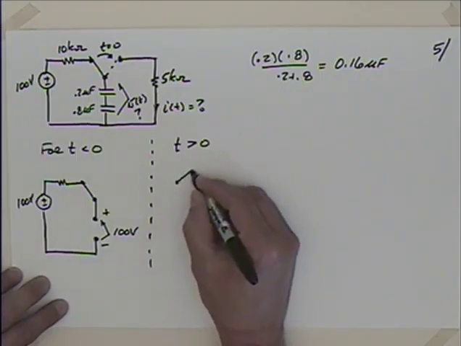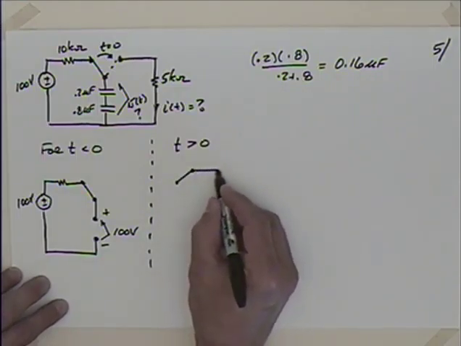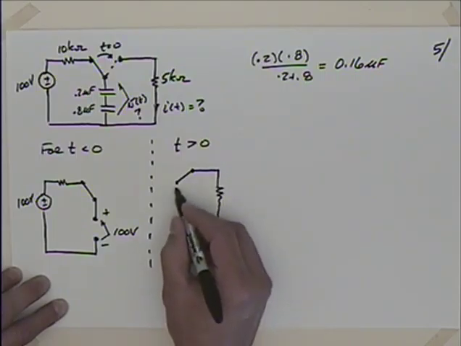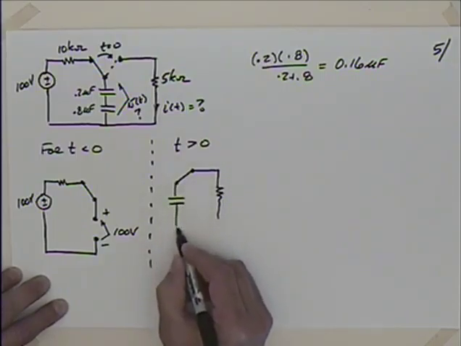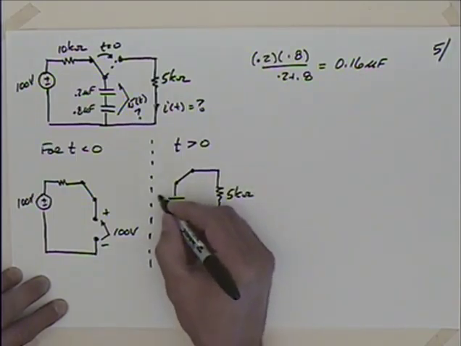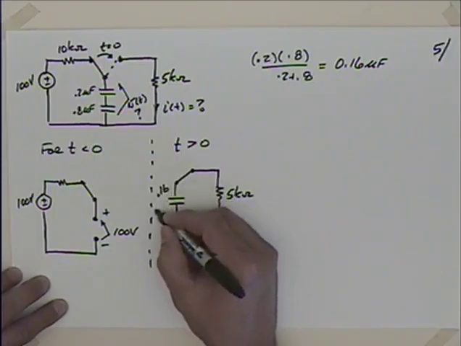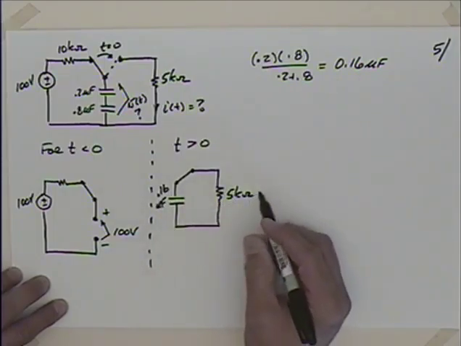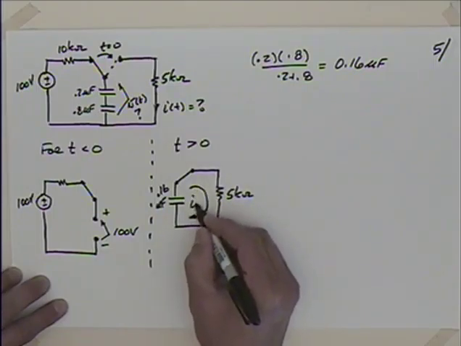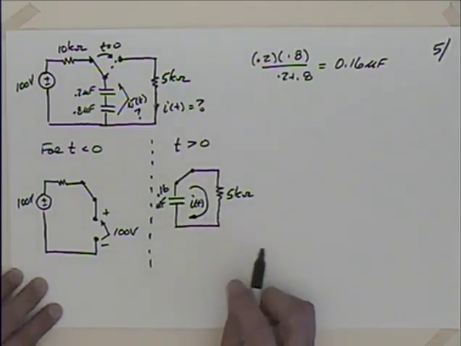So again, getting that practice. We've got that capacitor discharging through the resistor. So we've got 5 kΩ, 0.16 microfarads. And I could talk about this I of t, right?